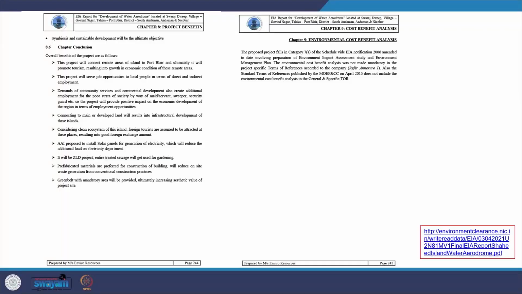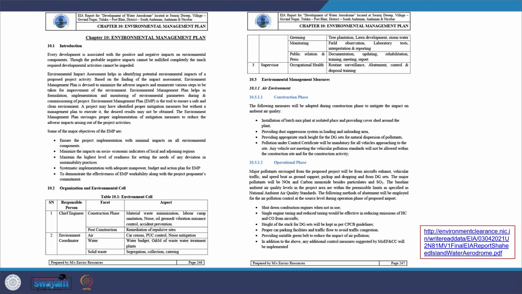Then you also see the environmental cost benefit analysis that they have done. As per the standard TOR, they have undertaken cost benefit analysis. Then in chapter 10, they have covered the environmental management plan. Here you see the organizational structure and how it is going to take care of things. You see the environmental cell, what its composition will be, and how it will take care at every phase of the project.